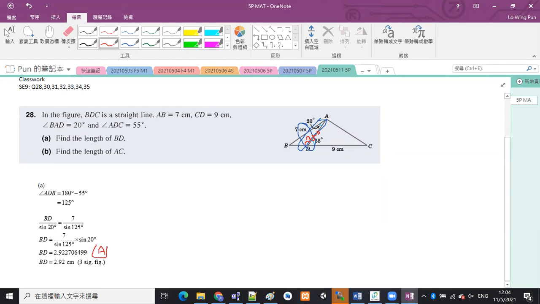And then in part B, we need to find the length of AC. What do we have now? A dot or A point.